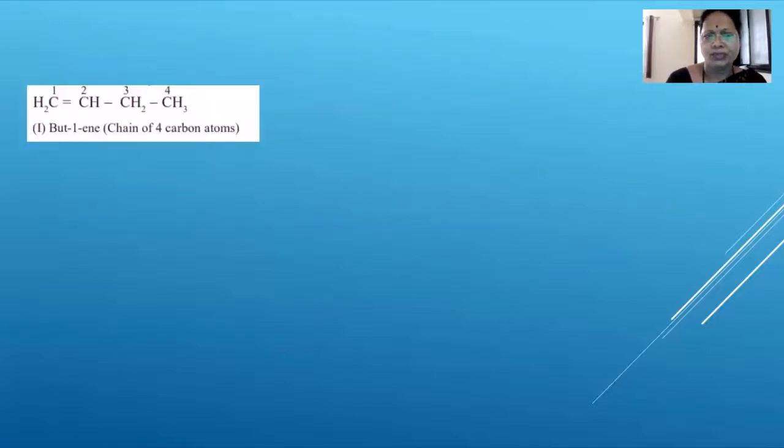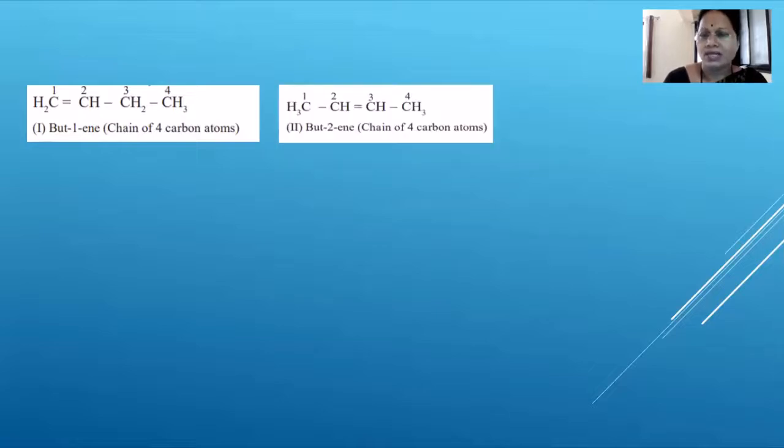First formula, a straight chain of 4 carbon atoms containing one double bond, and the position of the double bond is between the first and second carbon, so it is called but-1-ene. Then the second isomer, same straight chain, here but-2-ene, only the position of the double bond is shifted here.